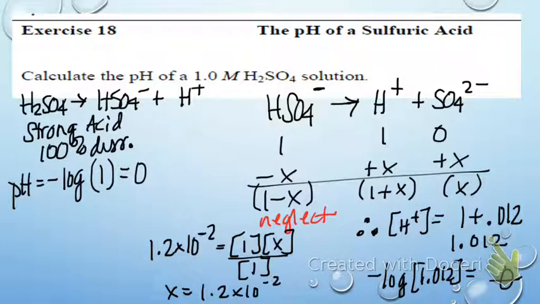And only if it's a strong acid that's diprotic. You wouldn't do this for any of the other strong acids, because H2SO4 is the only strong diprotic acid. The rest of them are monoprotic, so you would just take the negative log of the concentration. So H2SO4 is the exception to those strongs.